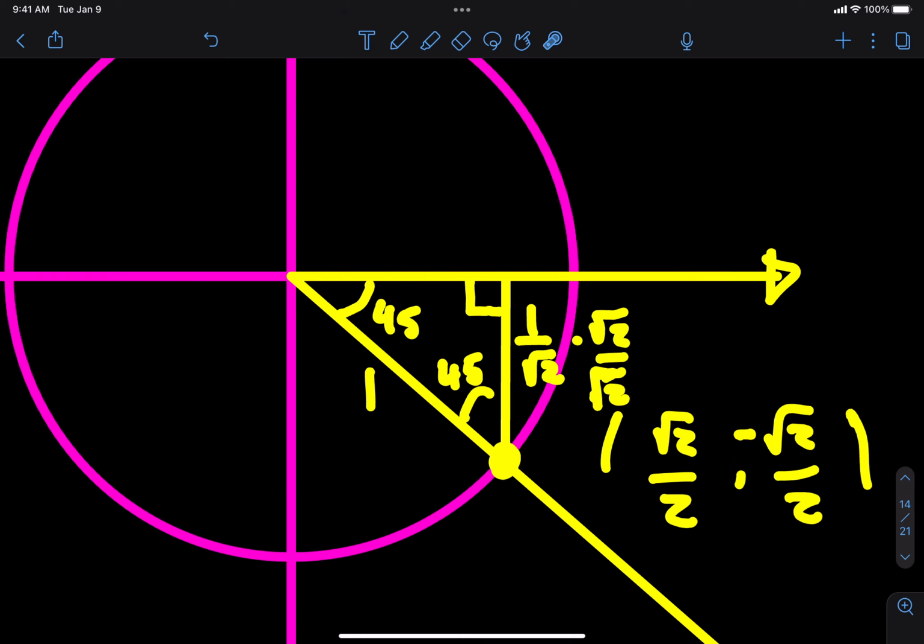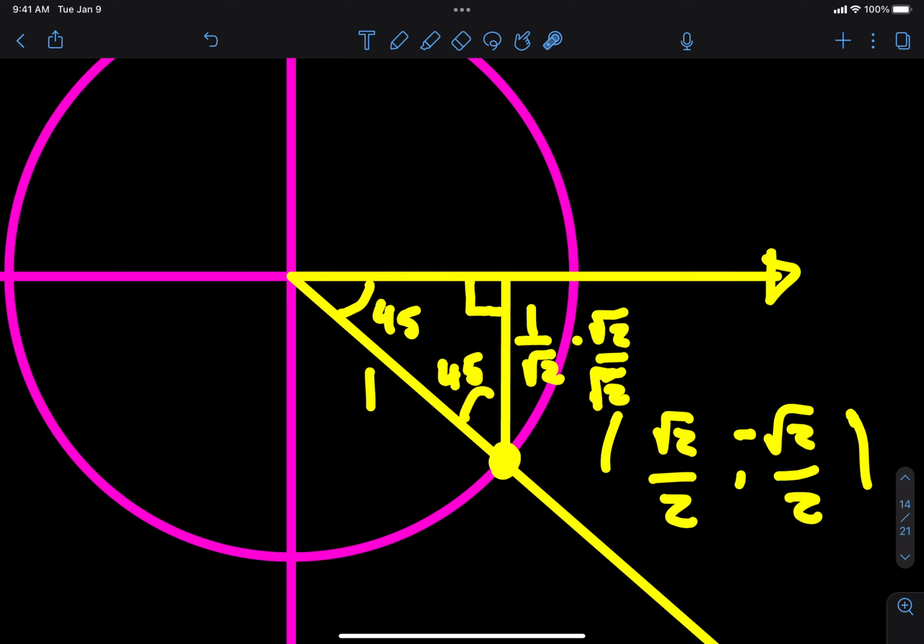What's your question? Since it's a 45, 45, 90 triangle, do you just assume the two sides are the same? Yes, exactly. So that's what I've done here. In a 45, 45, 90 triangle, you may recall from geometry that if there are two angles inside whose measurement is the same, so if these two angles are congruent, meaning same measurement, then the side lengths across from those two angles will also be congruent, meaning same length.